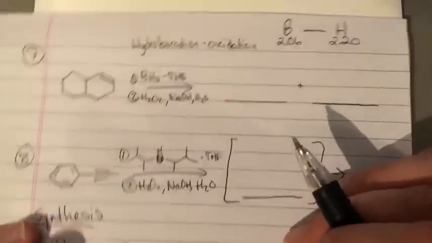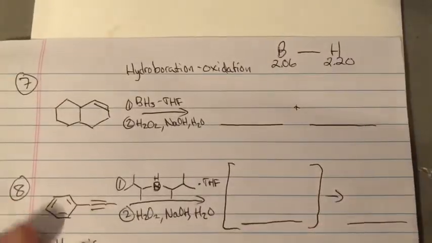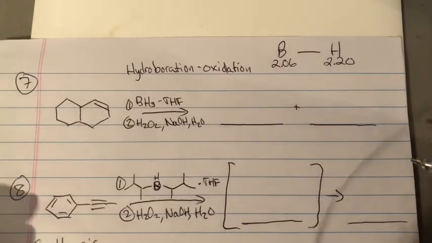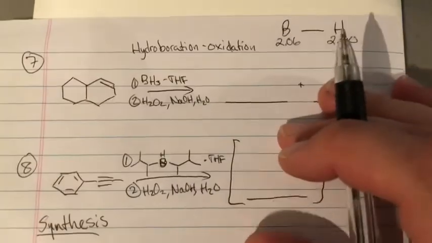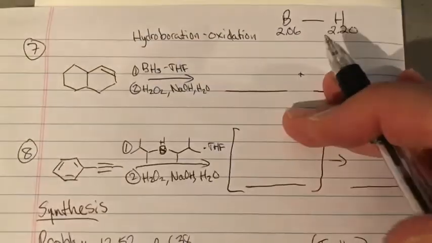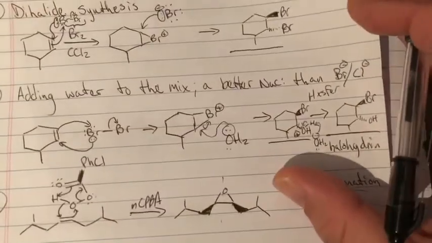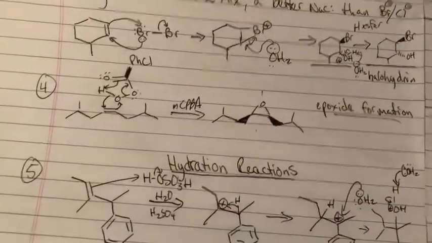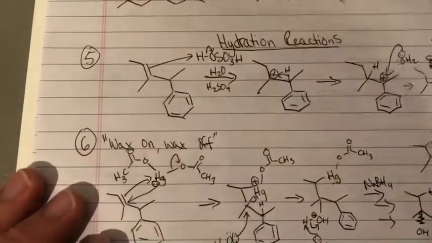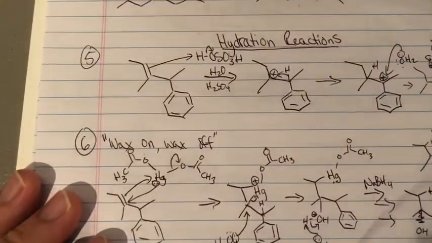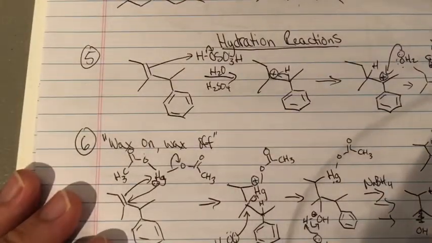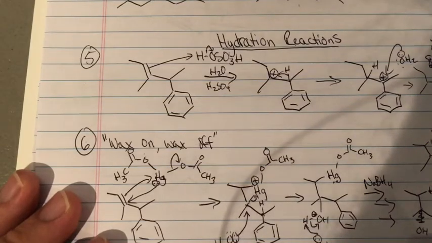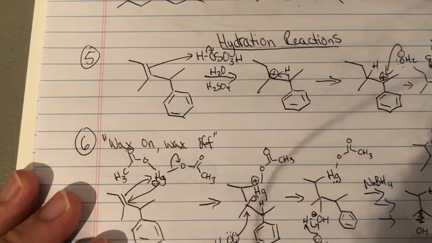Okay, so we'll go over hydroboration oxidation without boring you to death. Oh yeah, another way to keep the mixture is the wax on, wax off set of conditions, like I said before. Wax on, wax off, I think of the Karate Kid and Mr. Miyagi, just applying wax onto something, taking it off.